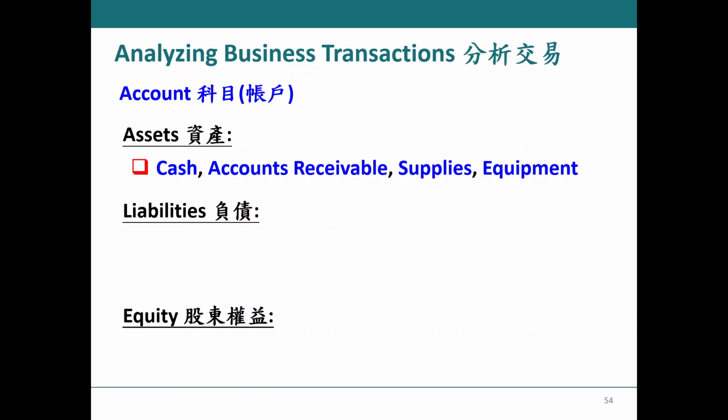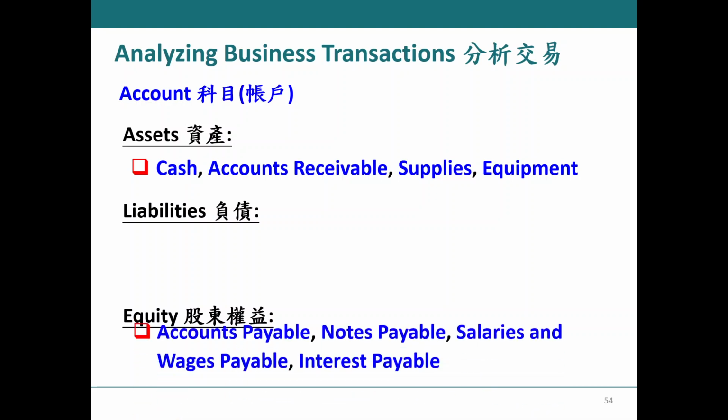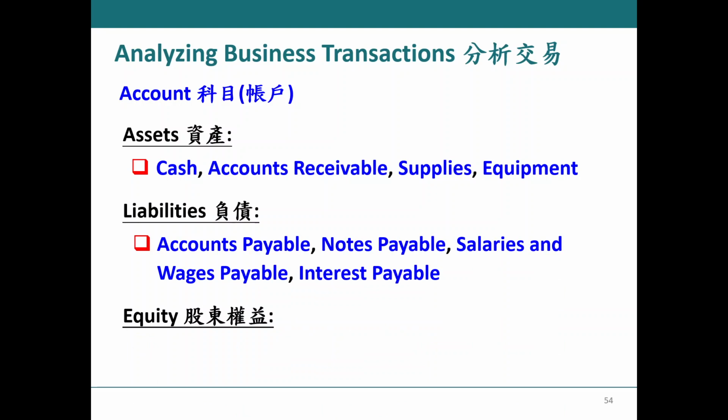So when we analyze transactions, please write down the specific name. You cannot just write down assets, because assets, what kind of asset? Different kinds of assets mean different kinds of things, right? Liability, the same. Please use the specific name. Equity, share capital, retained earnings, they are not the same, right? So we need a specific name. Okay?